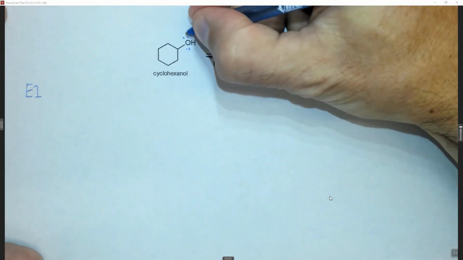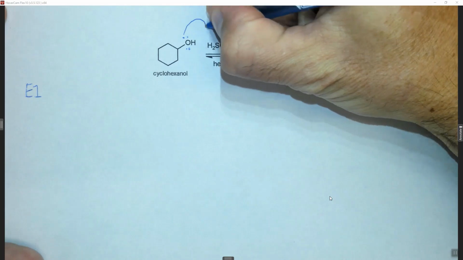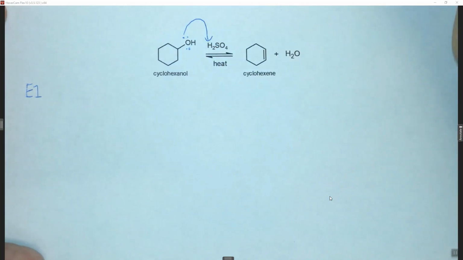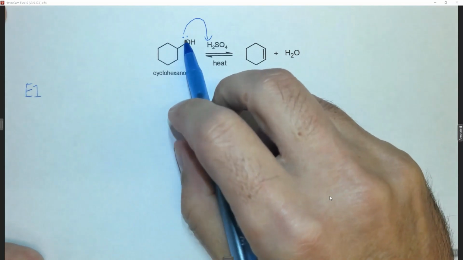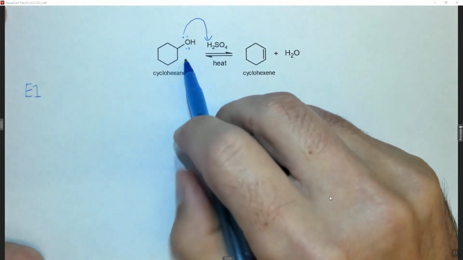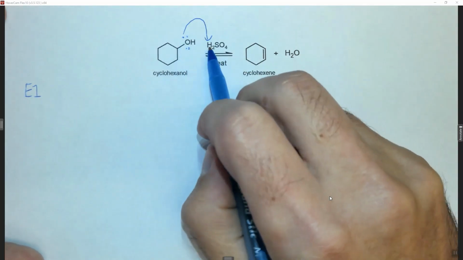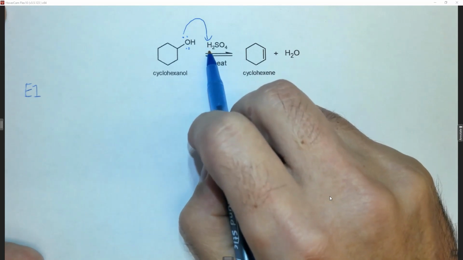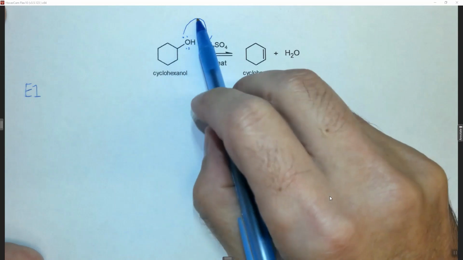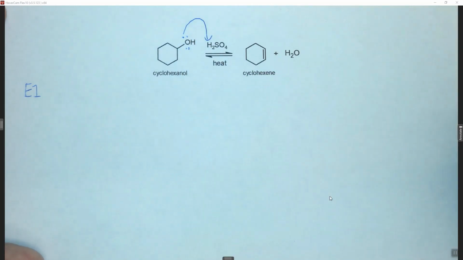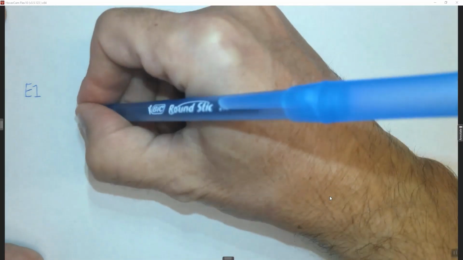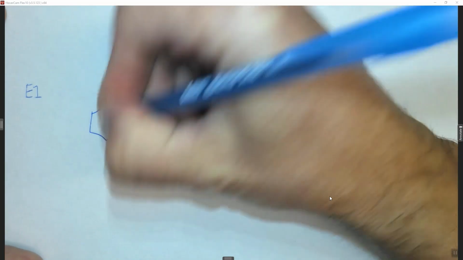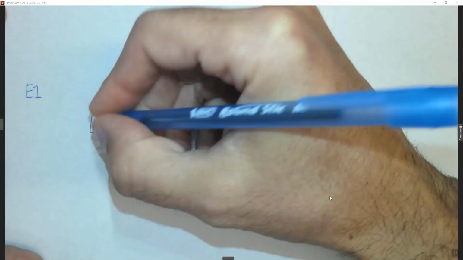To do that, the lone pair of the alcohol takes the proton. This means that oxygen acts as a nucleophile, and the H+ acts as an electrophile. So the nucleophile attacks the electrophile in this way.